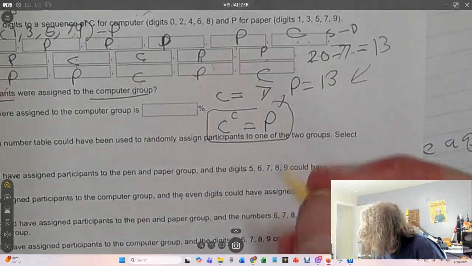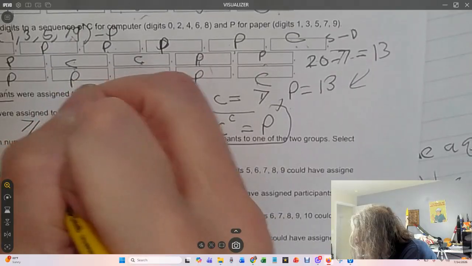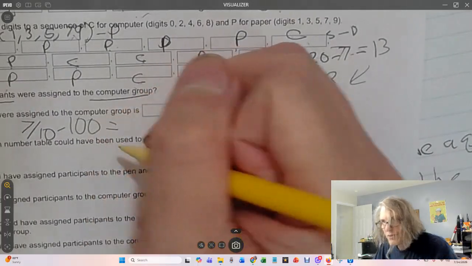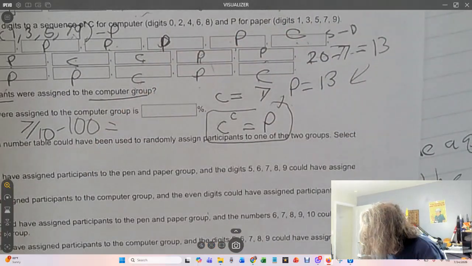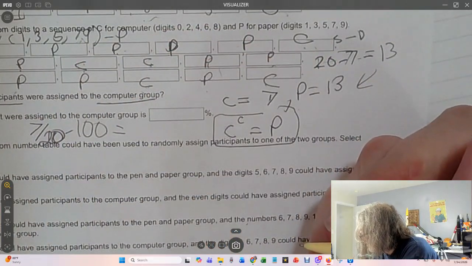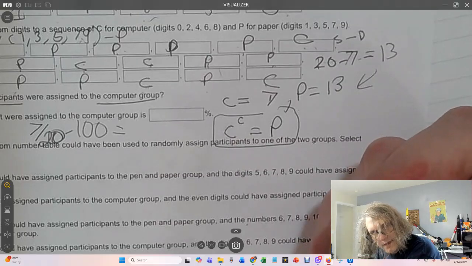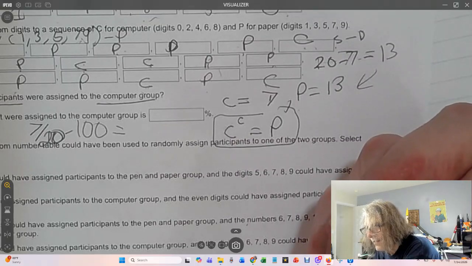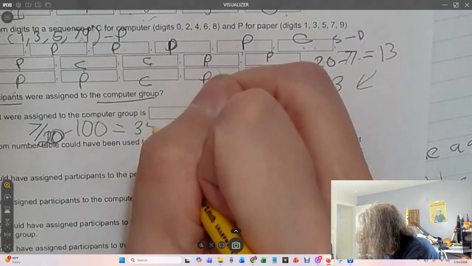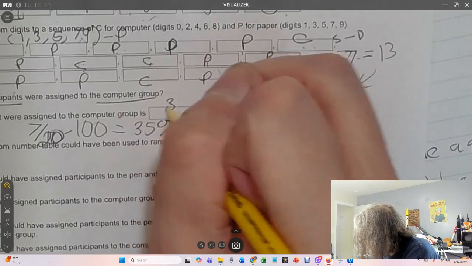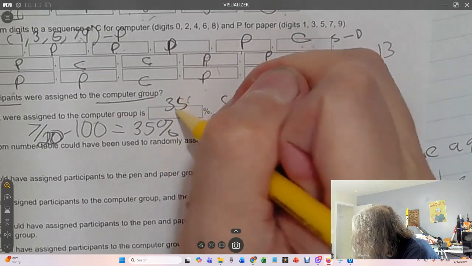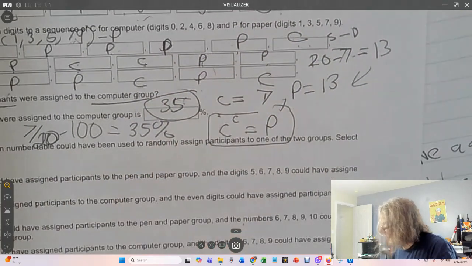But anyway, to find this, we would take 7 over 20 times 100. I got 35%, but it wasn't working in my head. I had to readjust there and cheat just a little bit because my brain wasn't working on that one.